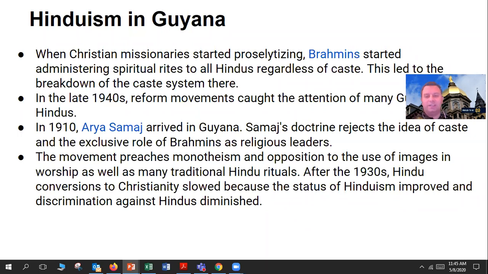And so what they did is they started giving spiritual rights, which means that they started loosening a lot of the requirements of the caste system. And they basically said, it doesn't matter what your caste is, you can still attain spiritual purity, okay? You can still reach what they call nirvana, that sort of top level of spiritual purity. And once they allowed them to do that, regardless of their caste, that was it for the caste system.